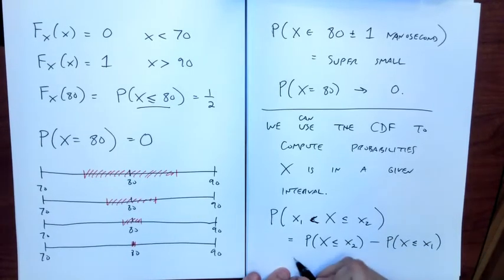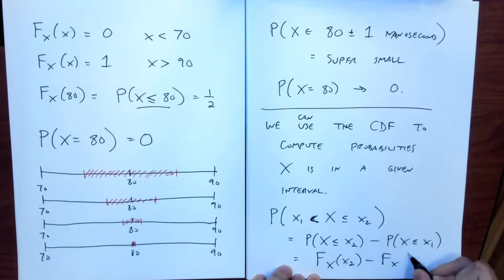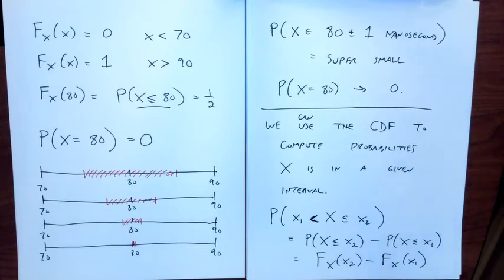And these can both be phrased in terms of the CDF. So the CDF lets us read off the probability of any given interval just by looking at the CDF values at those endpoints and subtracting them, okay? I'll do an example of that in just a second.